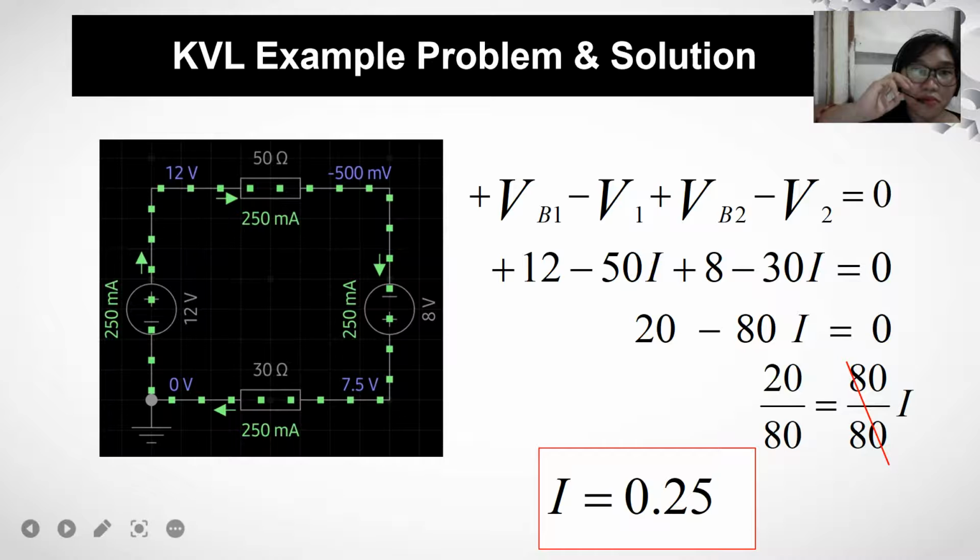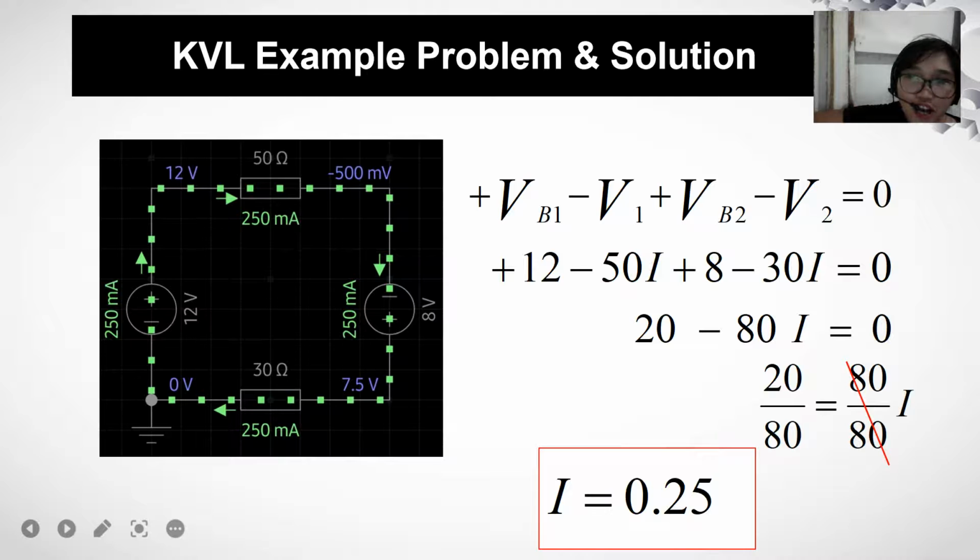So we have the formula plus V1. I started my node here, V1 is here, and we have V2 here. So V1 is my voltage, which is 12 volts, and my V2 is 8 volts.